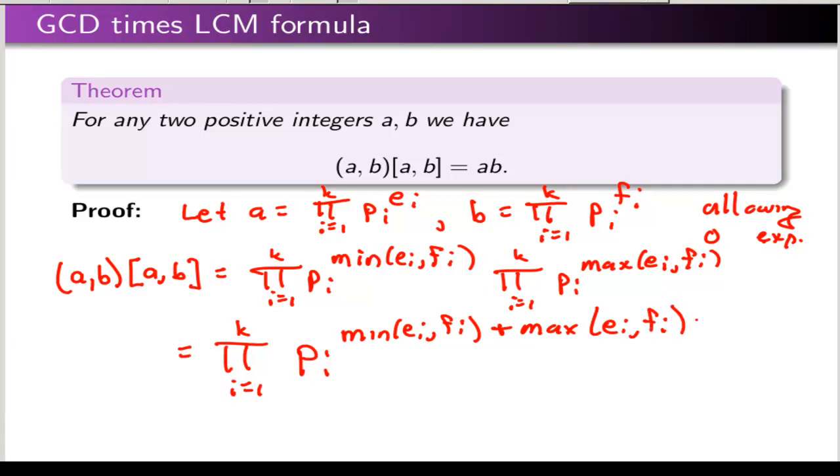Now, think a minute. What do you get if you add the minimum of two numbers to the maximum of two numbers? Well, one of the numbers is the minimum, and the other is the maximum, or they both could be equal. So we just get the sum of the two numbers. p_i to the e_i plus f_i, which equals what? Well, that breaks up as the product over the p_i to the e_i's times the product over the p_i to the f_i's. That is exactly A times B.